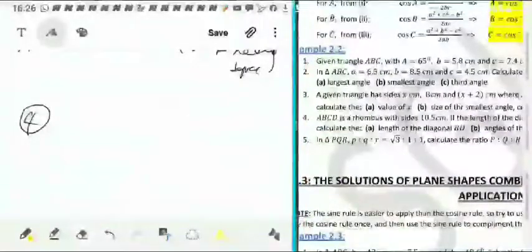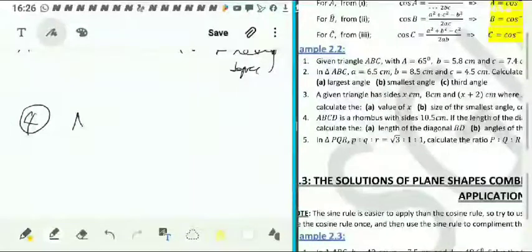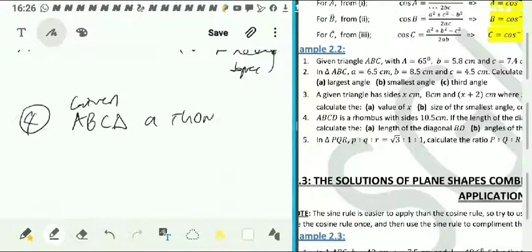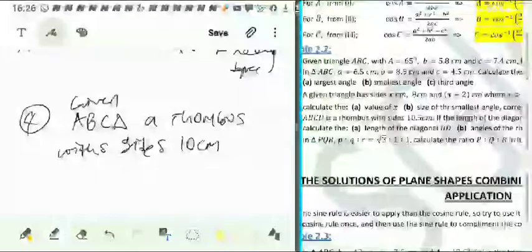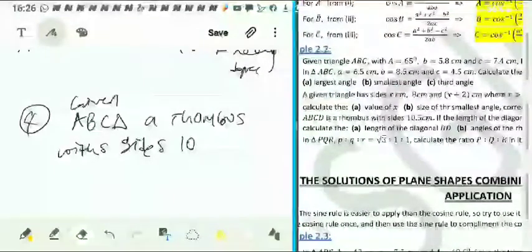Okay, number 4. ABCD is a rhombus with sides 10.5 centimeters.